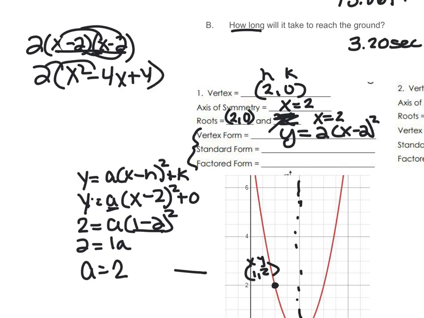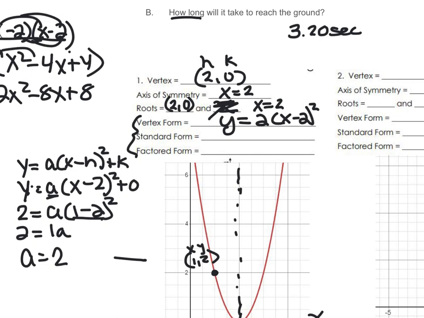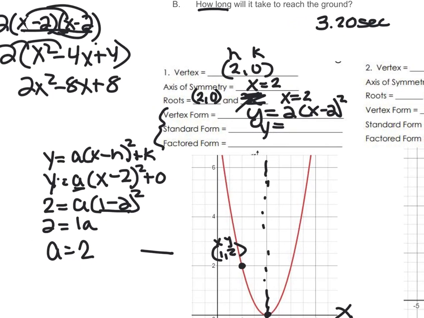And distribute your 2 with everything. So 2x squared minus 8x plus 8. So y equals 2x squared minus 8x plus 8.